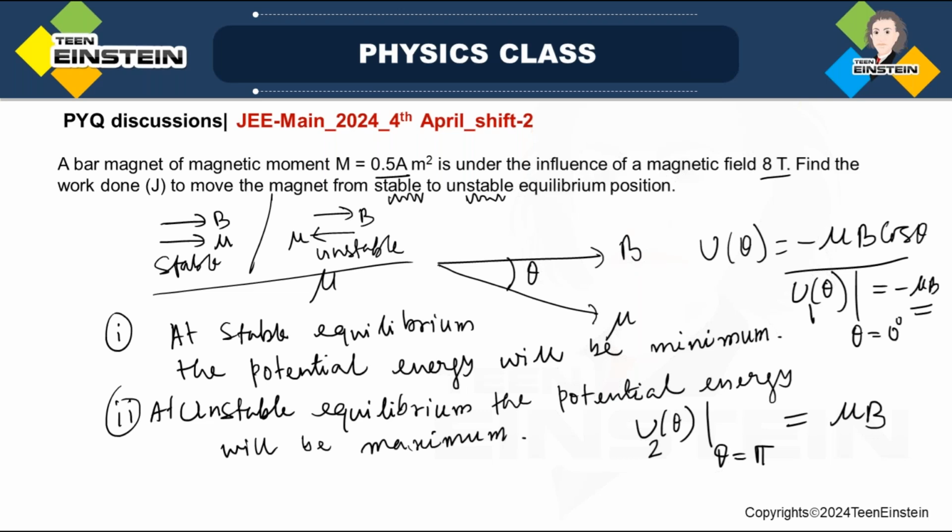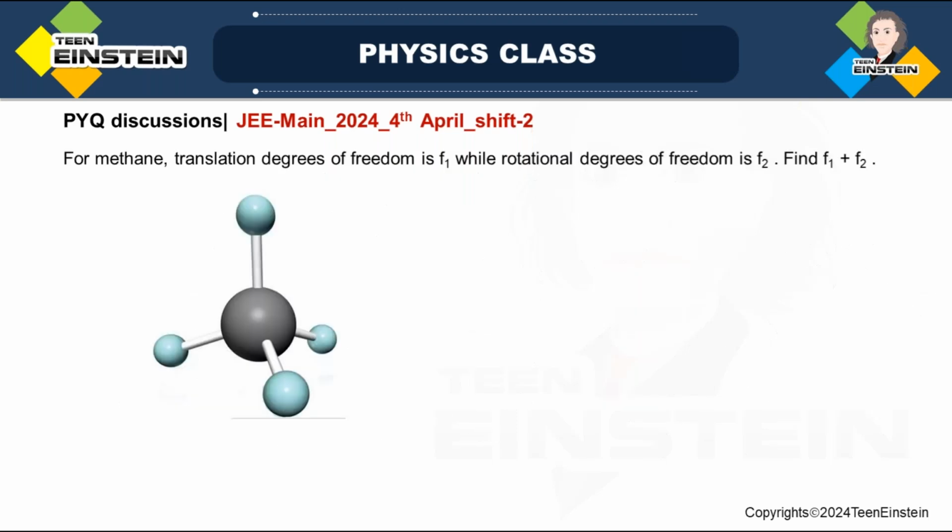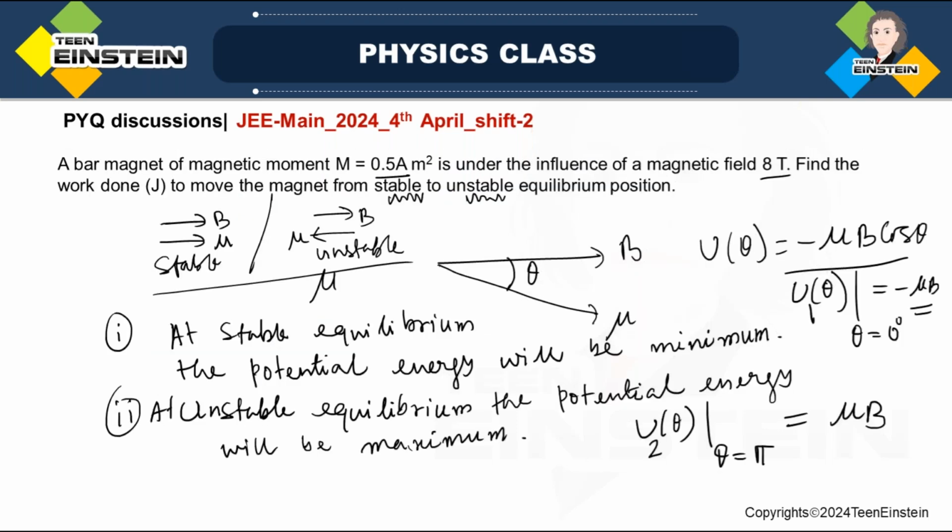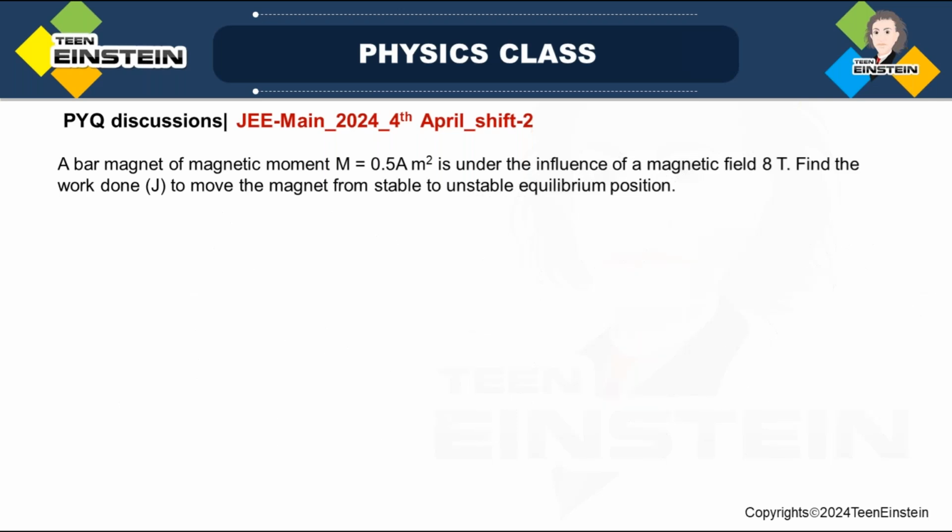Then what will be the work done? The question is, find the work done to move the magnet from stable equilibrium to unstable equilibrium. How to find out the work done? I have got U1 stable condition, minus mu B, and U2.